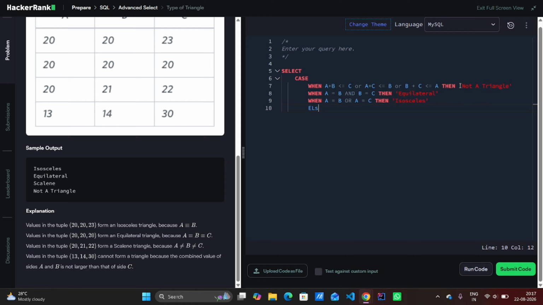Else, as you know, one is remaining, that is the scalene triangle. If no condition matches, then it is a scalene triangle. We will end our case here, from the triangles table.